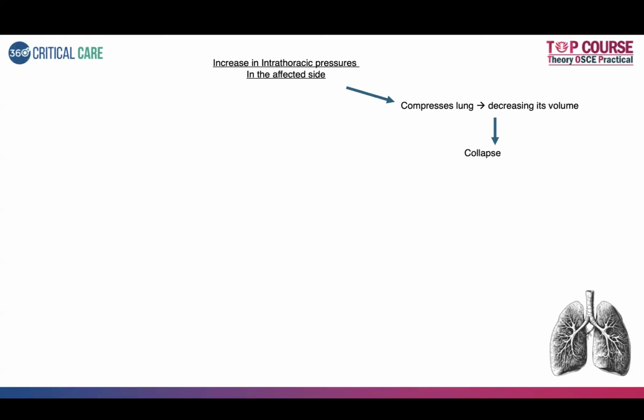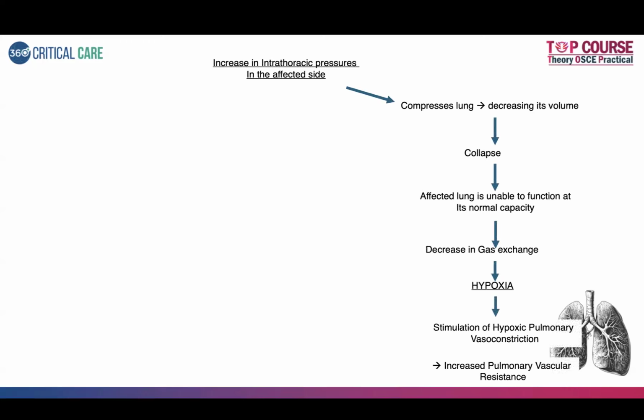So that causes a collapse, and the affected lung is unable to function at its normal capacity. Because of this, there is a decrease in gas exchange, which leads to hypoxia. Because hypoxia starts to set in, it causes stimulation of hypoxic pulmonary vasoconstriction, which in turn leads to an increase in pulmonary vascular resistance.